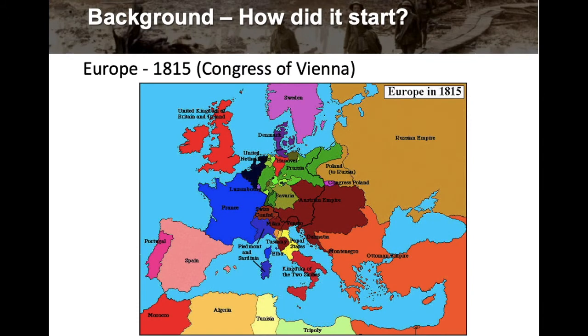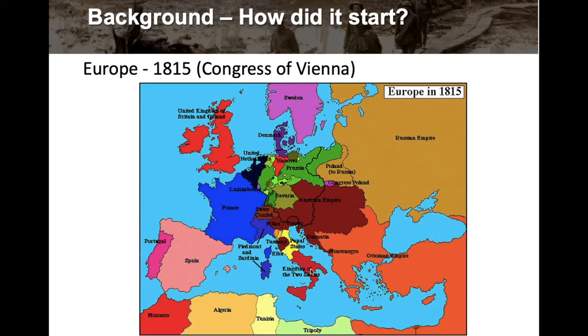Here's a map of Europe in 1815 with the Congress of Vienna. So now you begin seeing the establishment of all of these city-states, and Prussia is here, which will become Germany, and this is all going to become Germany. This is Austria, which is going to become the Austro-Hungarian Empire. But you see that it's separate.